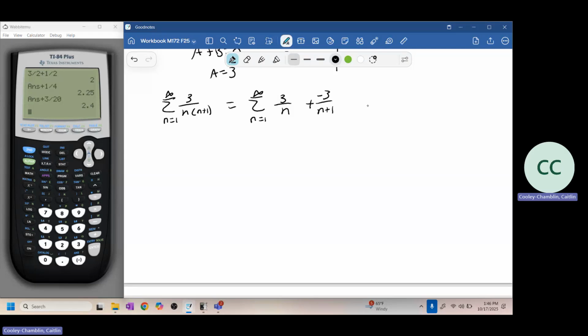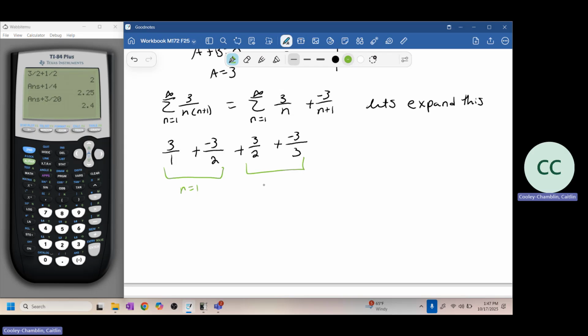Now, I want to expand this. Okay, so I'm going to plug in 1. And when I do that, we get 3 over 1 plus negative 3 over 1 plus 1 is 2. Okay, so this is n equals 1. Now I'm going to plug in 2, and now I get plus 3 over 2 plus negative 3 over 2 plus 1, which is 3.